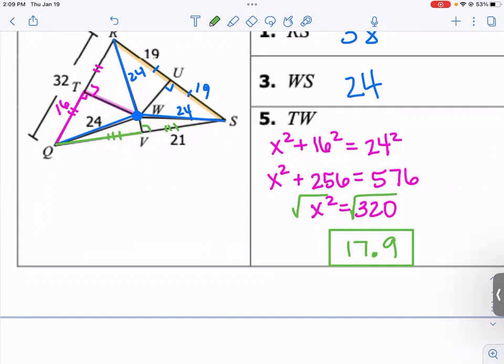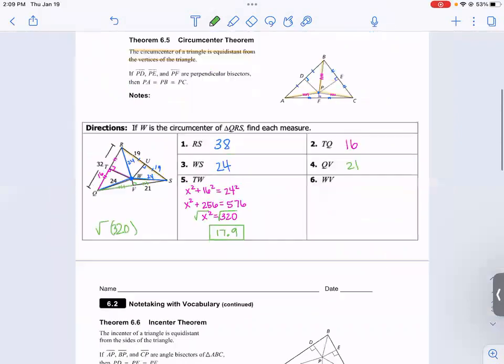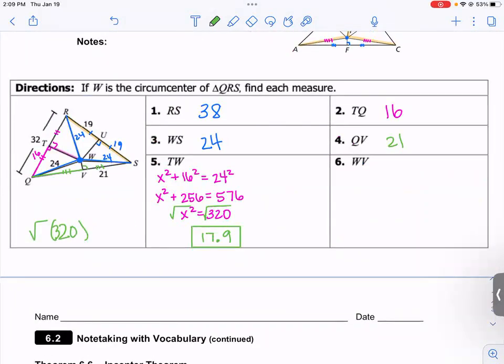Press square root and then 320. 320, enter. Okay, so let's try this one over here. For the square root of 320, because you put two square roots, so second square root.